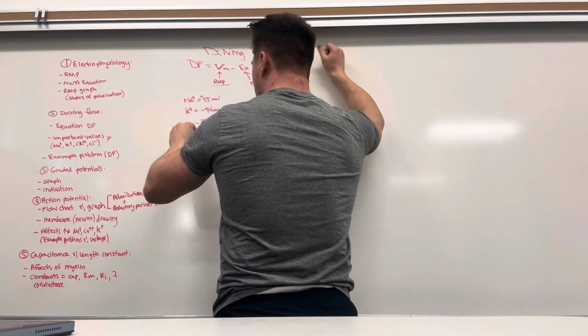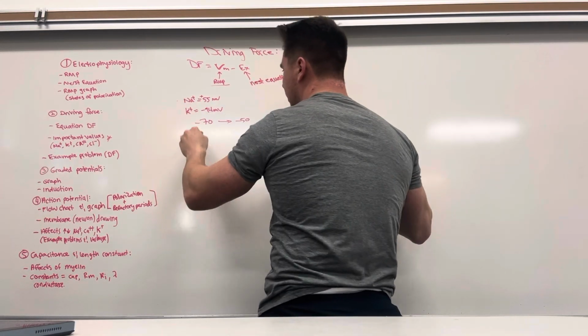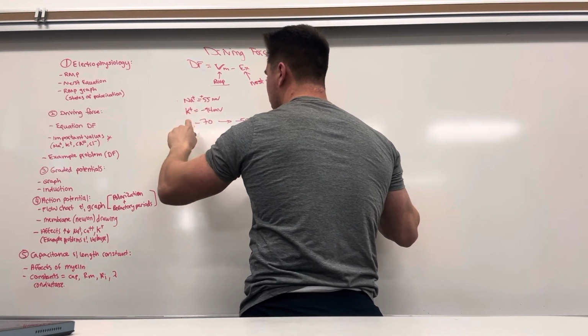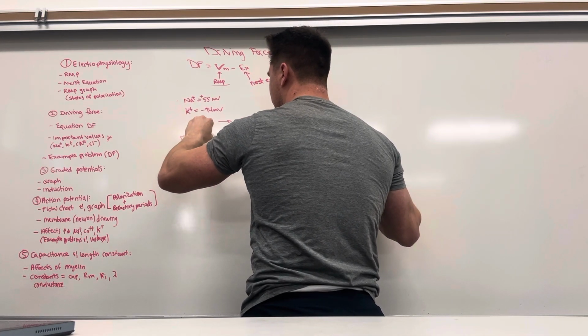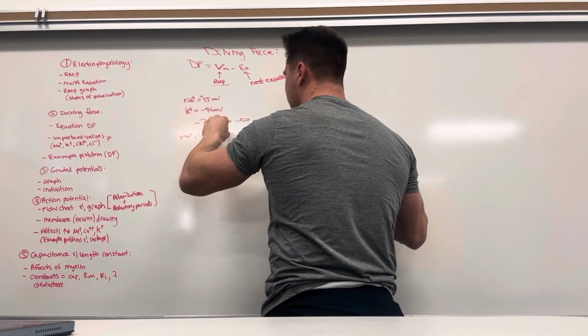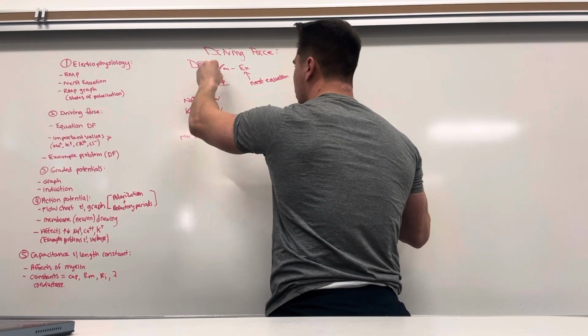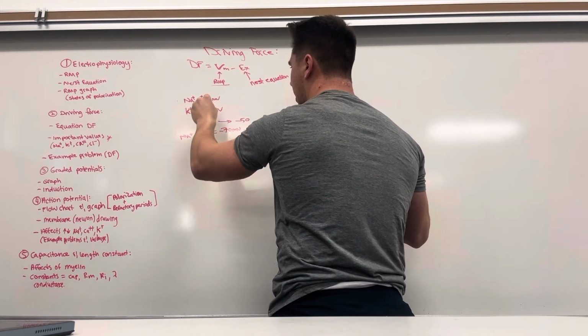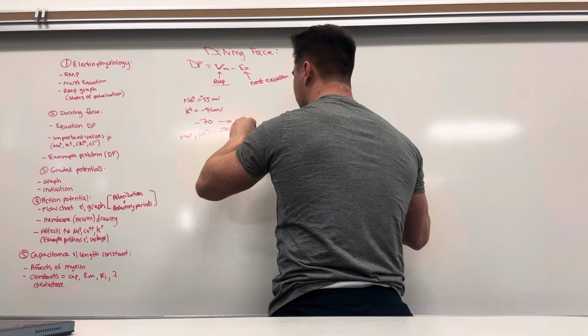And so we could say, sodium, we know they want to be at positive 55. So we can take the equation and say the driving force for sodium is equal to negative 70 millivolts, that's our resting membrane potential, minus our Ex, and that is 55.